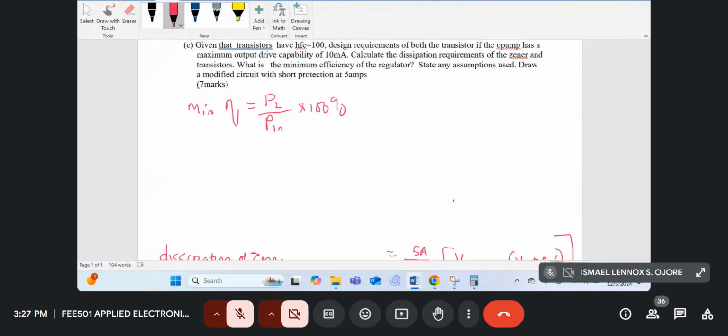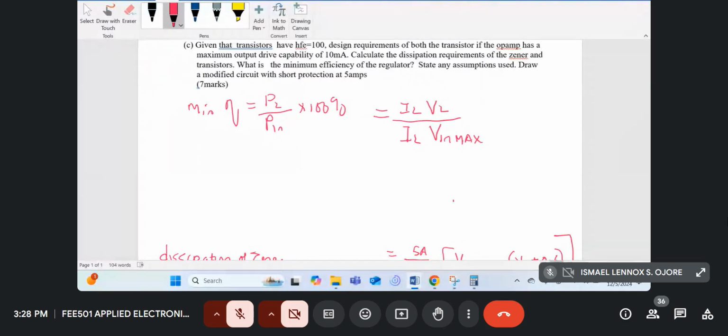Now P load is IL times VL, and P in is IL times Vin max for minimum efficiency.